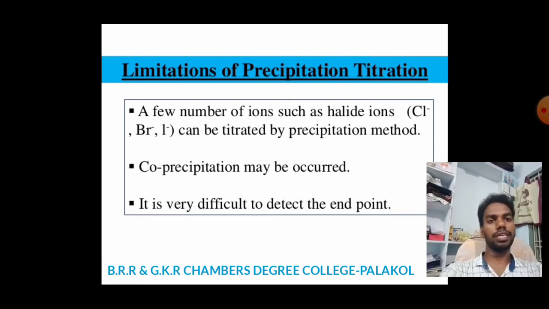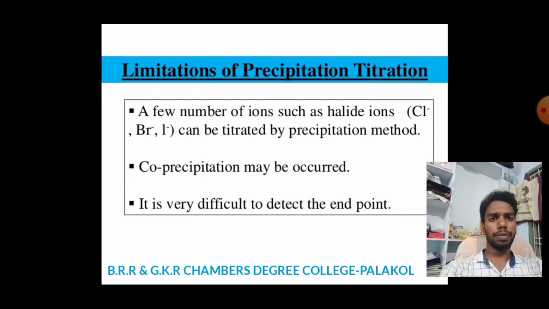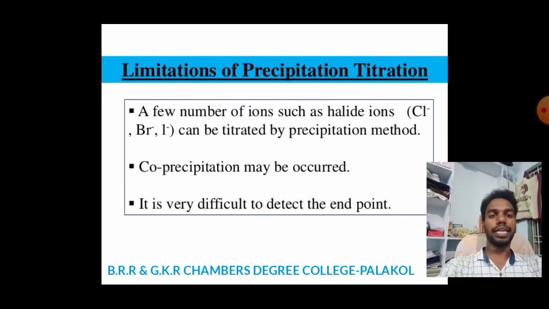Co-precipitation is nothing but precipitation due to impurities. Along with the primary precipitate, a secondary precipitate forms because of impurities. That is called co-precipitation, and we have to avoid it, right?